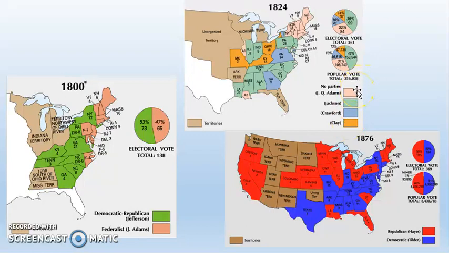He wins the presidency, but he wins the presidency with a very, very narrow win. As a matter of fact, he actually kind of loses in the Electoral College, but he is chosen to be the president. We're going to look at what is called a corrupt bargain that's going to go on, at least that's what this guy Jackson's going to claim. But you can see you have plenty of people running here, and look how divided they are in the electoral votes. And then even look at the popular vote, you and I voting.